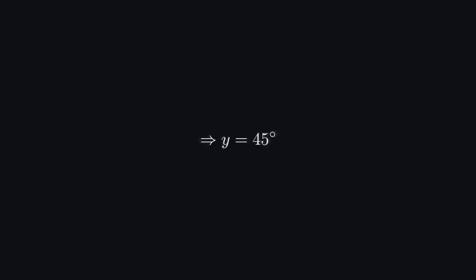Exam tip: if tan of y equals 1 and y is acute, then y equals 45 degrees. Also remember that sine of 45 degrees equals cosine of 45 degrees equals the square root of 2 over 2. This is very useful in questions without calculators.